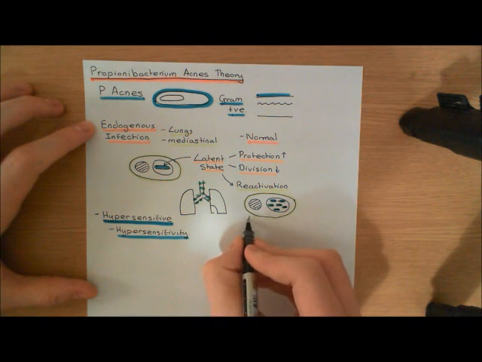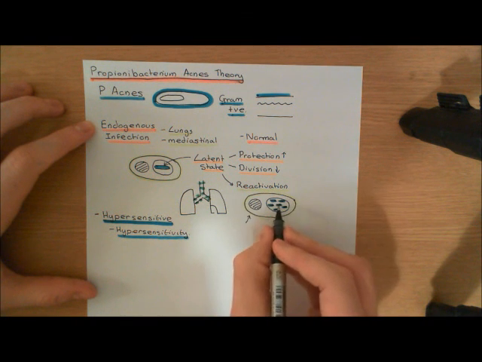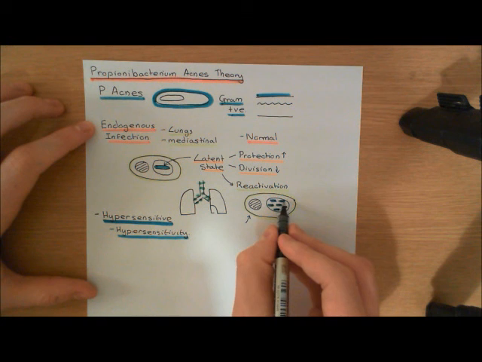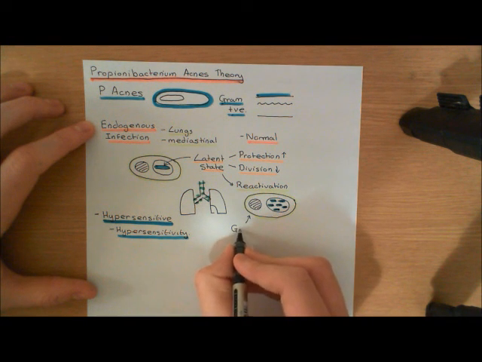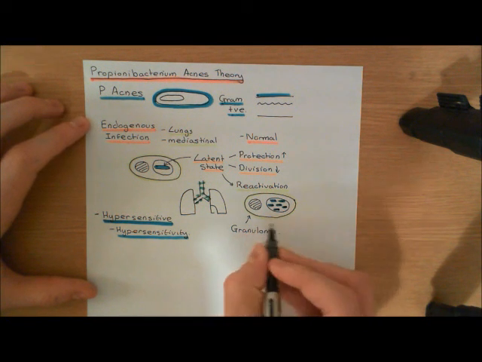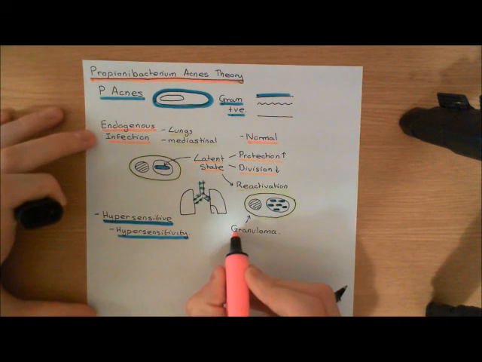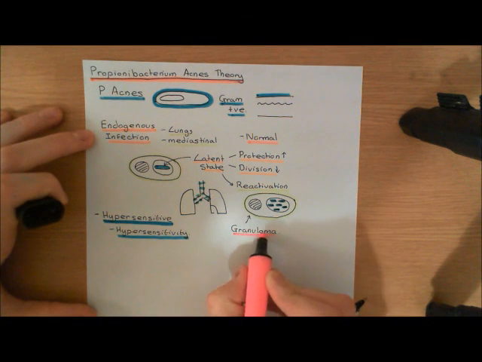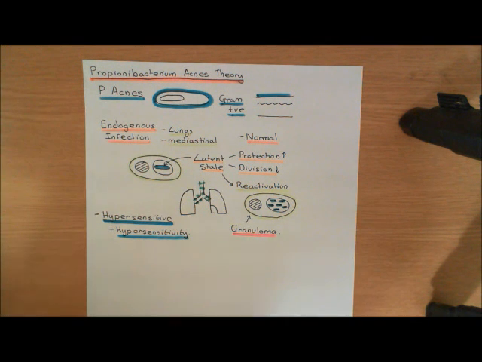So the granulomas form around these macrophages where the Propionibacterium acnes cells have reactivated. So in sarcoidosis you get granulomas forming around these macrophages with the Propionibacterium acnes in. Okay, so that then is the Propionibacterium acnes theory of sarcoidosis, and I'll just state it again.